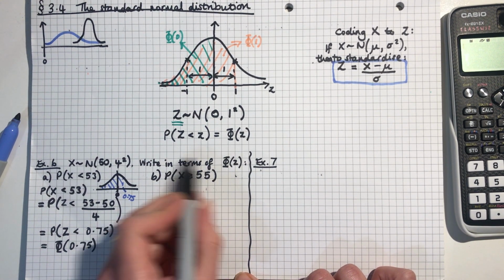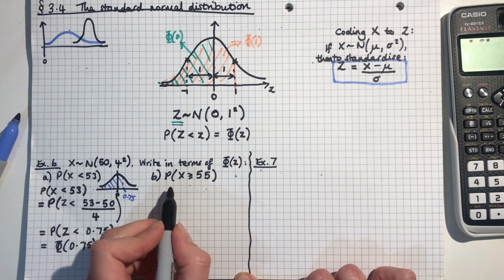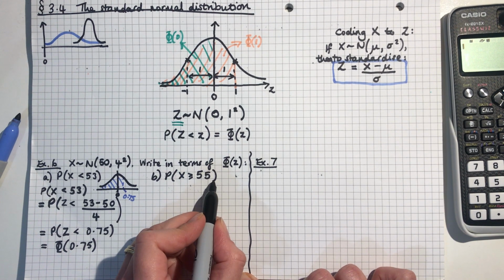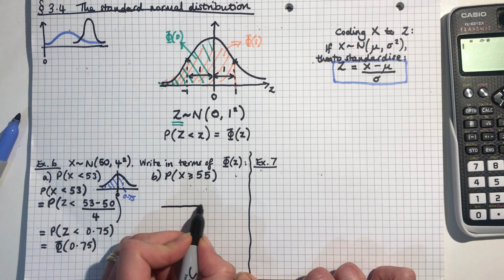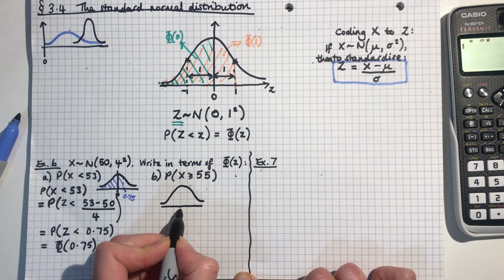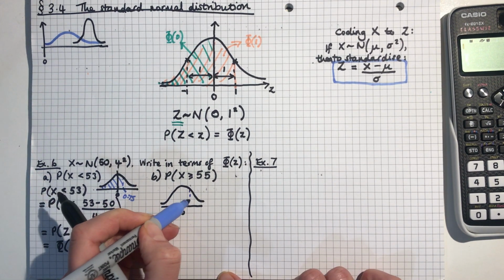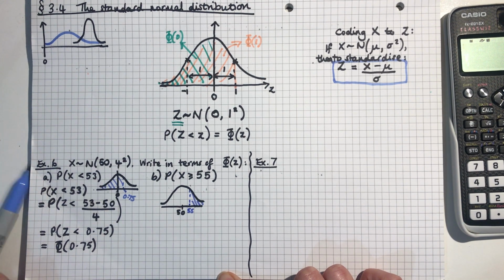So if I were to draw this on a normal distribution, I would draw my curve, I would mark on 50 in the middle, I would mark 55 a bit higher, and I would shade the area to the right. So it would look something like this. And that would be the probability that I would be trying to find.